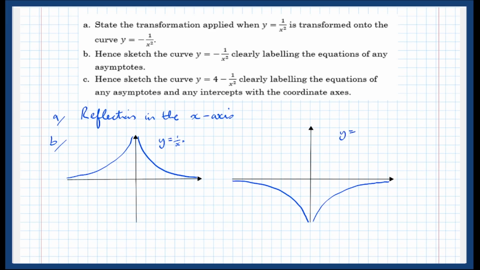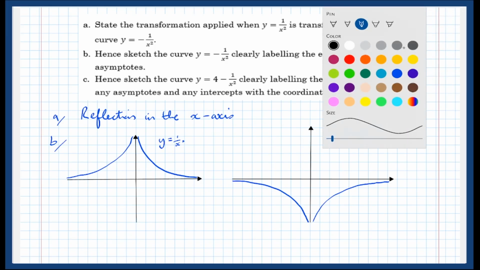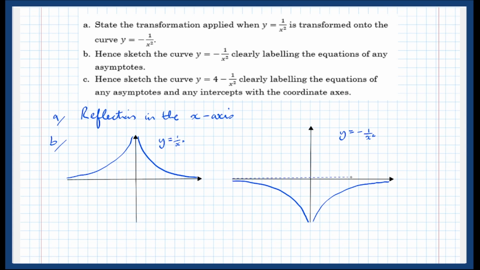So now that's y equals minus 1 over x squared. And remember, it wanted the equation of the asymptotes. So for the asymptotes, just get a dotted line and put a dotted line, see it here. You won't always be able to put a dotted line over the x-axis or the y-axis, but it'll be enough for you just to label it.